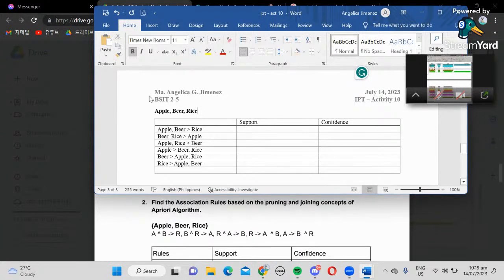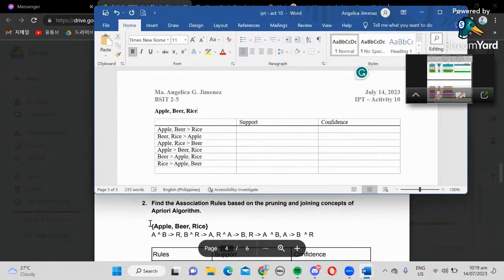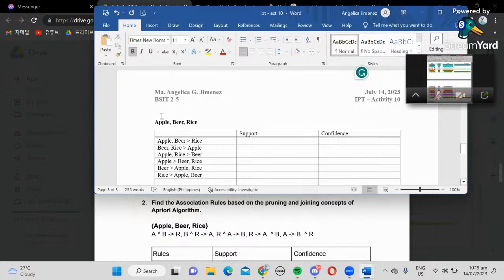And then we have Joanna. So what is your rule? My rule is rice determines chicken and beer. Conviction is 1 minus 2 over 8, over 1 minus 2 over 4.